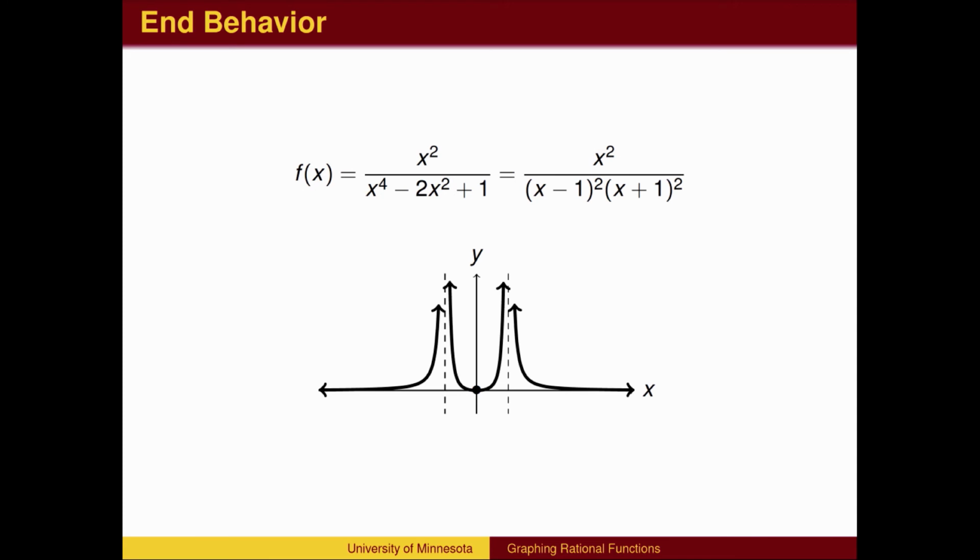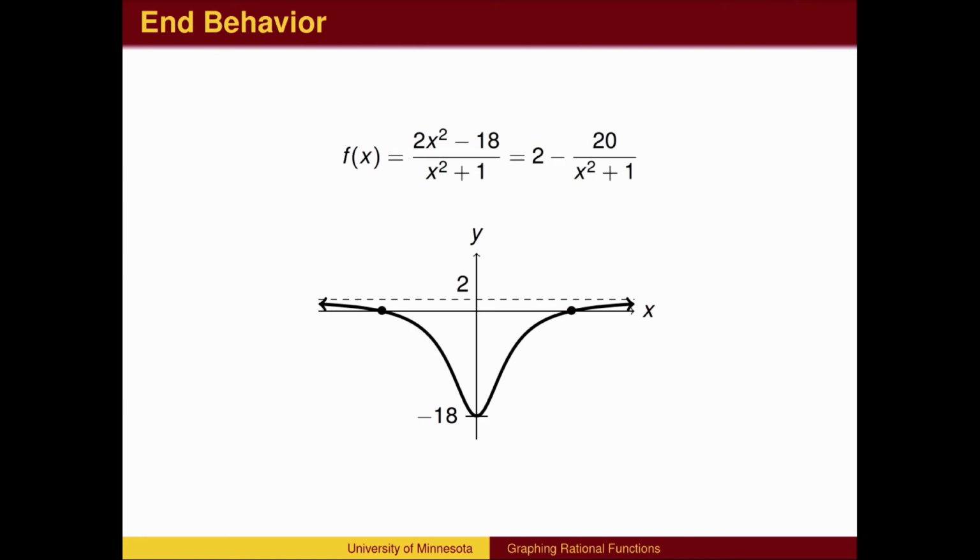Here are some simple examples illustrating each case. In the first case, the degree of the denominator is 2 more than the degree of the numerator, so to the far left and far right, it resembles y equals 1 over x squared. In the second case, the numerator and denominator have the same degree, so to the far left and far right, this graph approaches the constant 2.